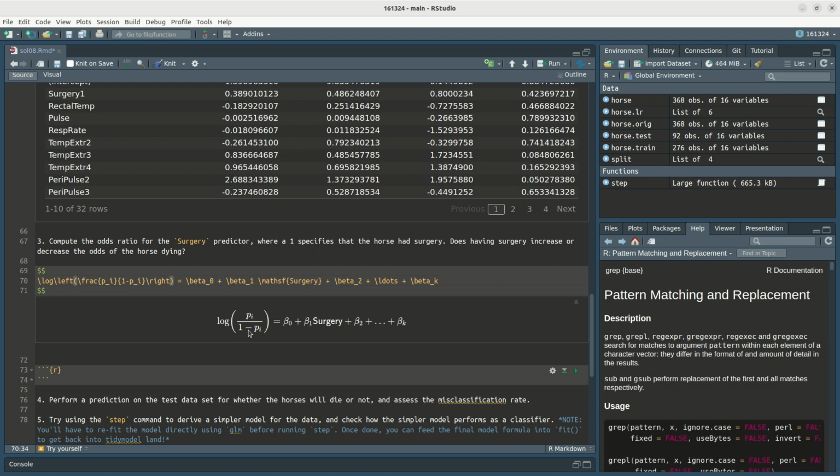Now, this is odds. So you remember that the odds are a probability divided by its complement, so 1 minus that same probability. And this kind of makes sense. Say the probability of something happening is a quarter. Then the probability of it not happening would be 3/4.